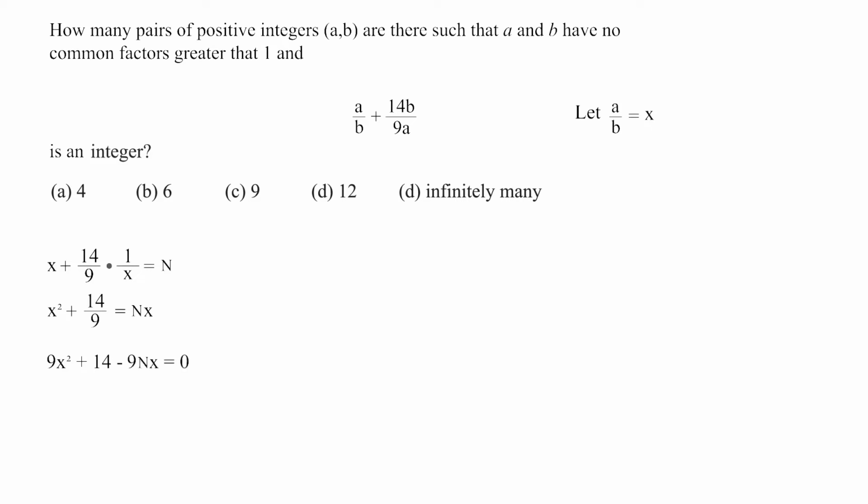And therefore this is a quadratic equation. And in order to get the solutions, I'm going to have to use the quadratic formula. So x equals minus b, which is minus 9n, plus or minus the square root of b squared, which is 9n squared, minus 4a, which is 9, times c, which is 14, all over 2a, which is 9.